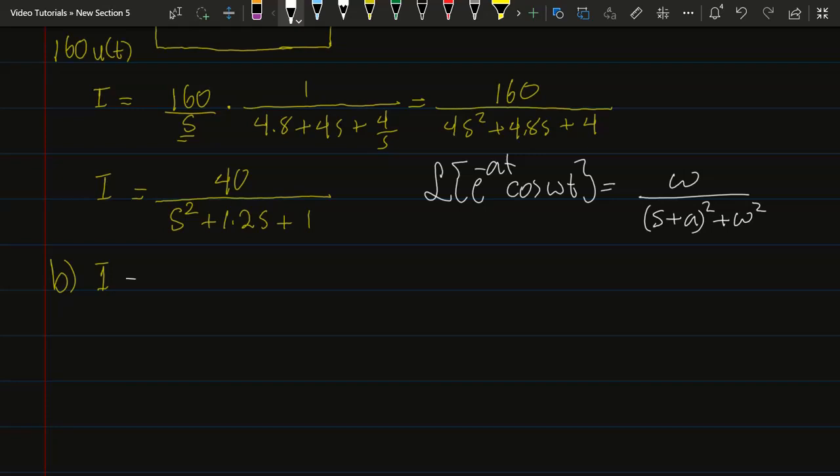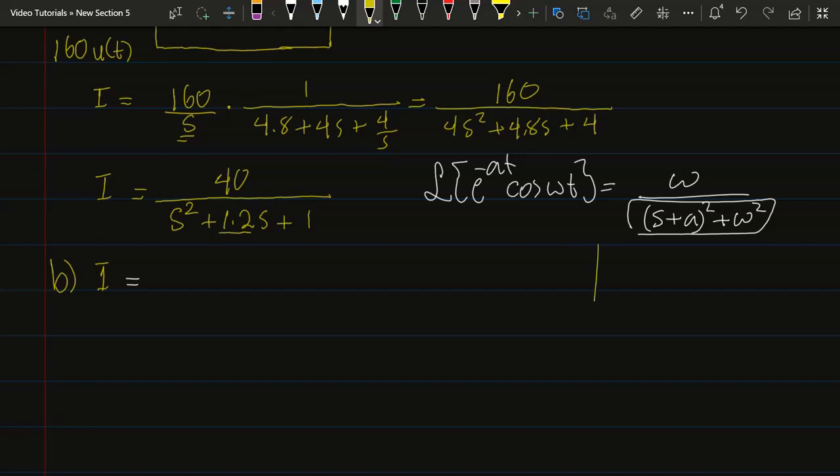So what I will do is complete the square so that I have this form in the bottom. And completing the square means that I have to add half of the s coefficient squared.